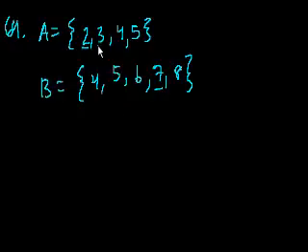If I pick 3 from this set, I have to pick 6 from here. If I pick 4 from this set, I have to pick 5 from here. If I pick 5 from this set, I have to pick 4 from here, right? So no matter what, I'm going to pick one of these numbers from set A. It's going to be 2, 3, 4, or 5. And depending which of these I pick, I have to pick the exact right number from set B.